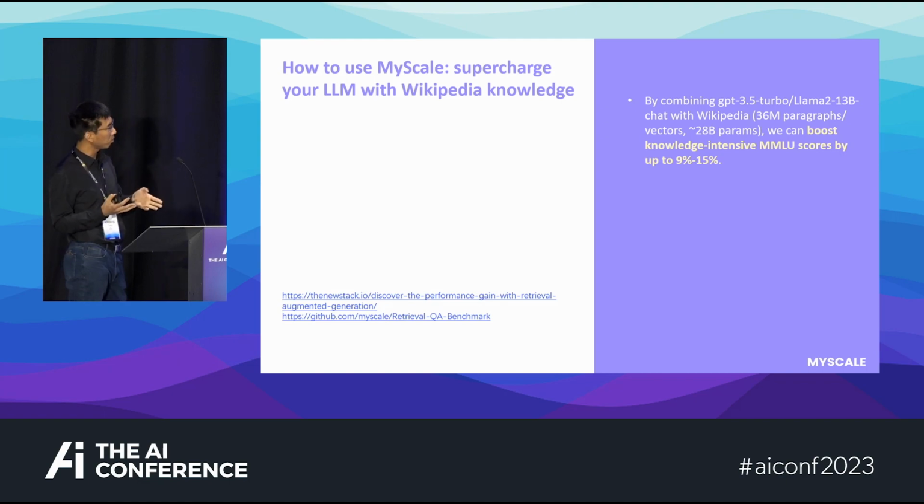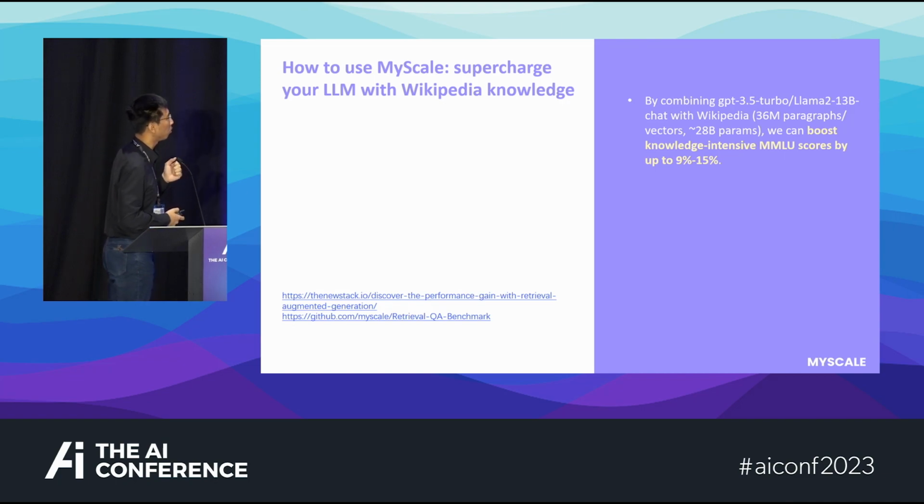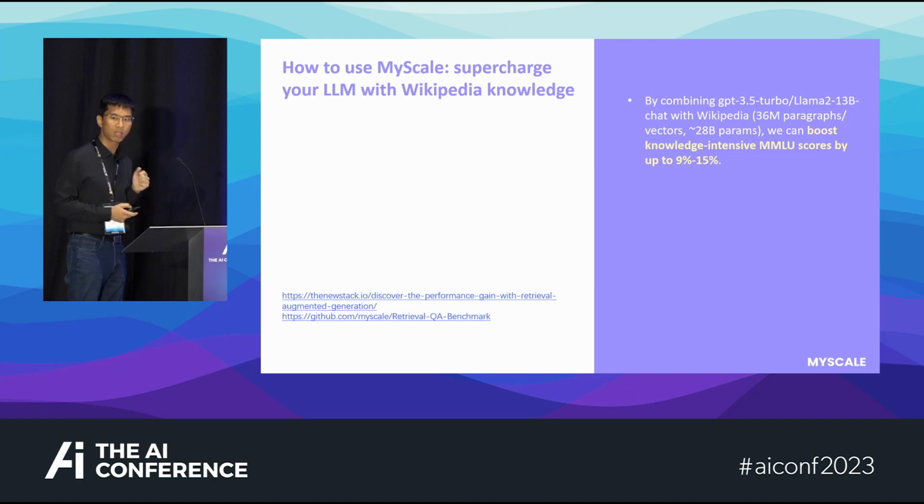So the number of parameters in the vectors is actually larger than the 13B model, right? And what can we achieve? We can boost the MMLU score by up to 9 to 15%. That's a big improvement, right?